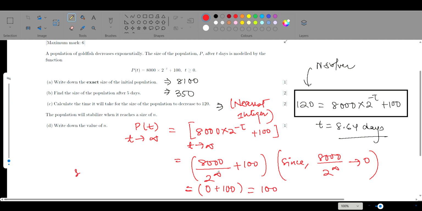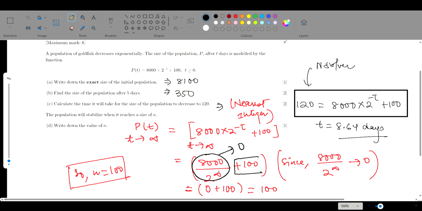So N is 100 here, because that thing becomes 0. 8000 over 2 raised to the power infinity tends to 0, so the only thing left is that 100.